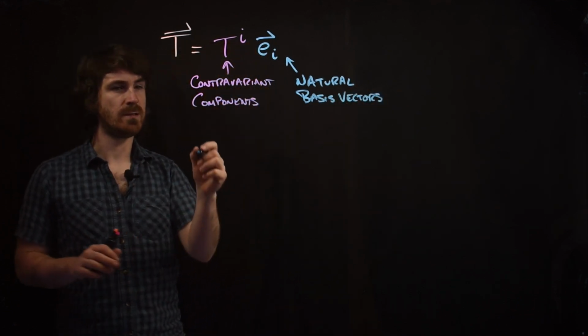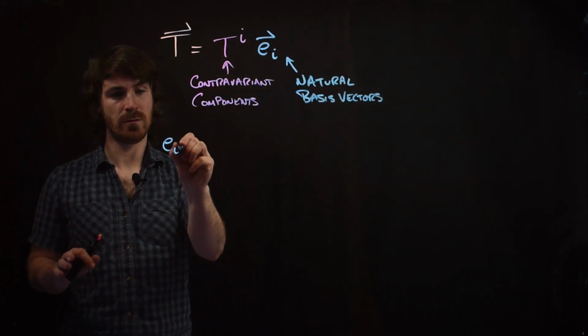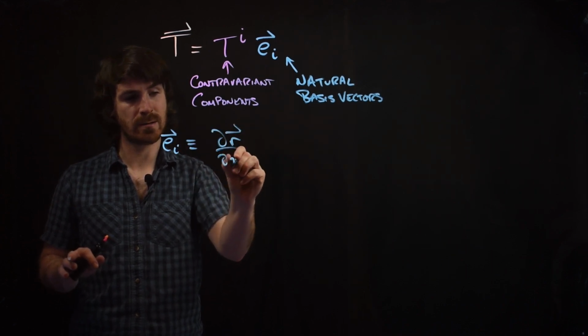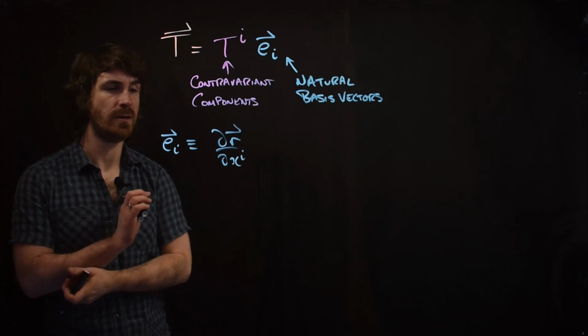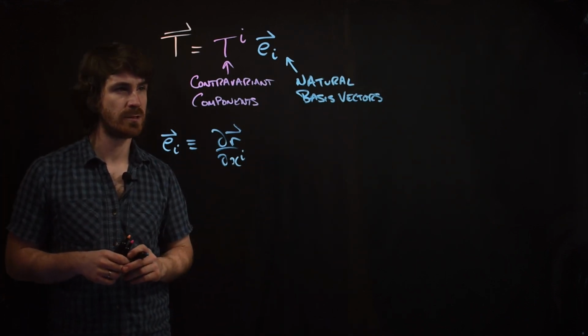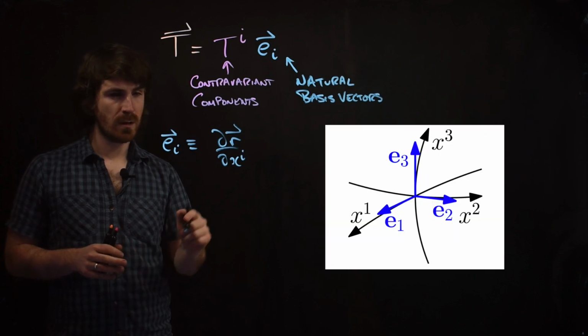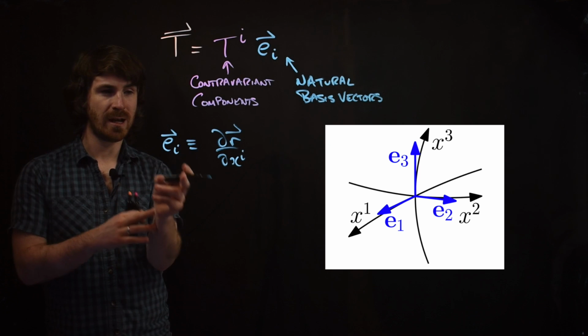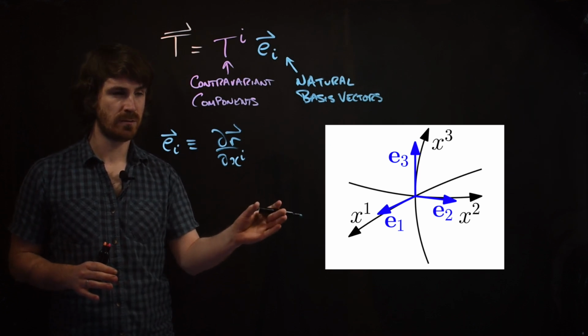And we saw that these e_i's were defined by dr by dx^i, where x^i is the ith coordinate in our n-dimensional coordinate system. So we saw that these natural basis vectors are tangential to the coordinate curves.